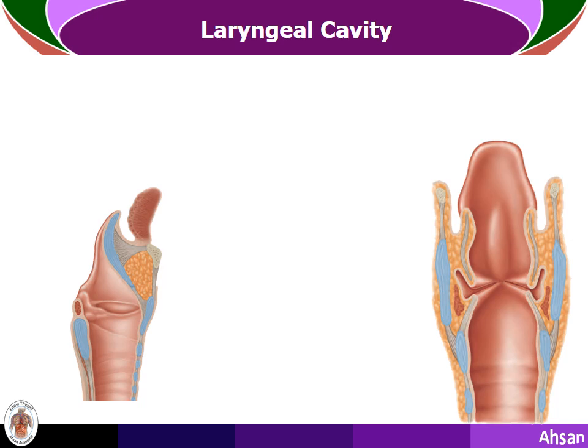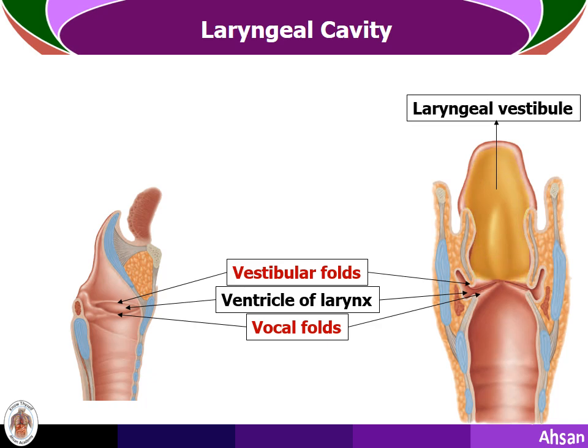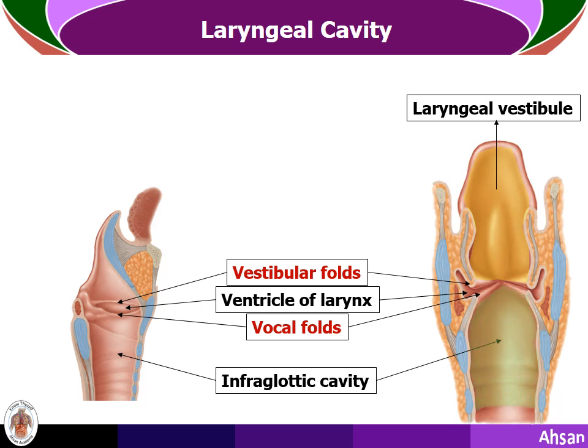Inside the laryngeal cavity, there are some important mucosal foldings. So the features should be known clearly. This is the vestibular fold, the upper part, and below is the vocal fold. In between these two is the ventricle of the larynx, also known as the sinus of the larynx. The part above the vestibular fold is the laryngeal vestibule, and the cavity part below the vocal fold is known as the infraglottic part.